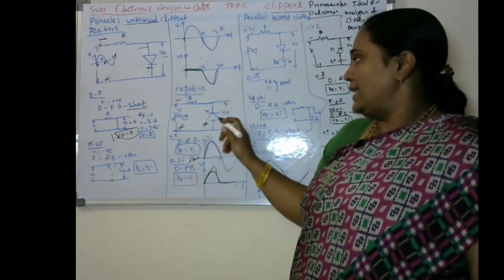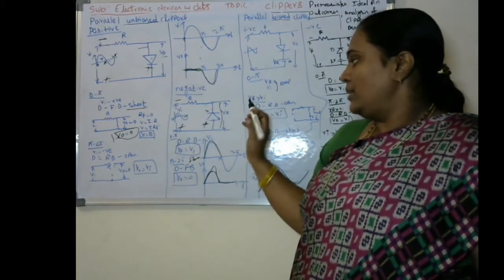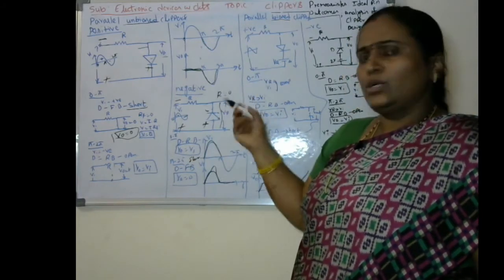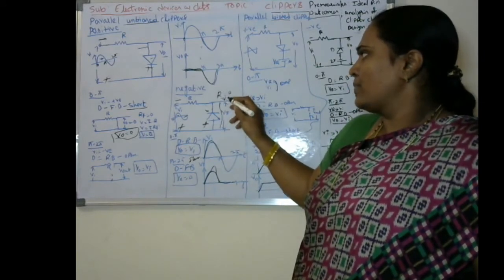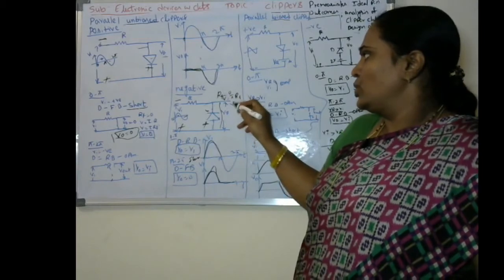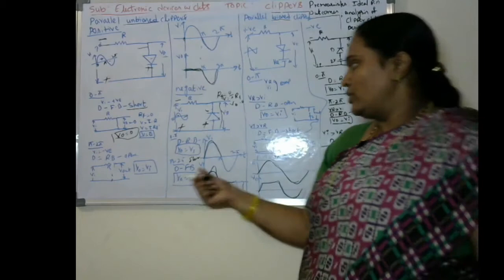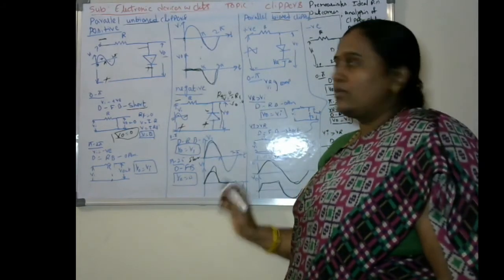Whenever it acts like a short circuit, the output voltage will not be there. In this case, it has been shorted. R equals 0. So what happens? V equals I times RF. RF is 0. So V0 will be equal to 0. So the negative portion has been clipped off.